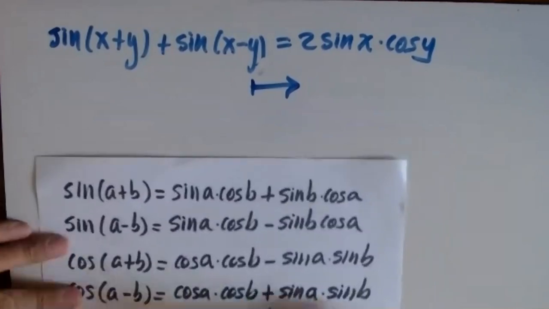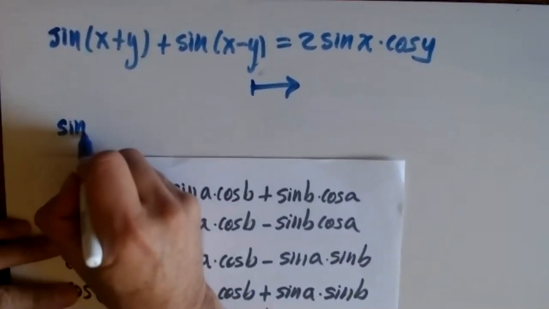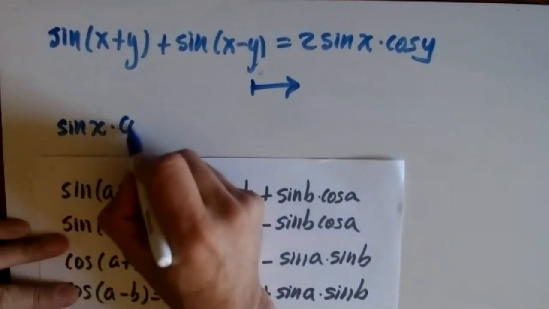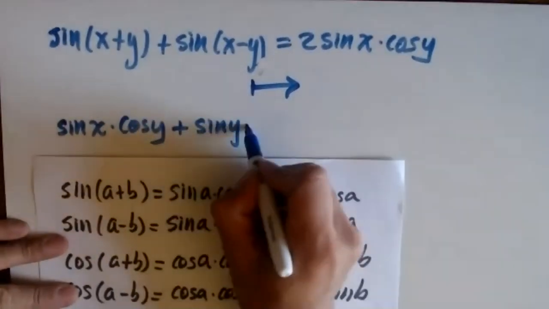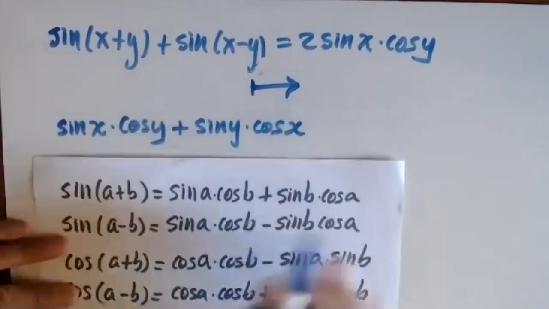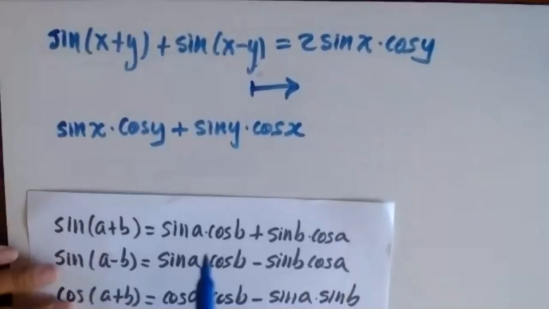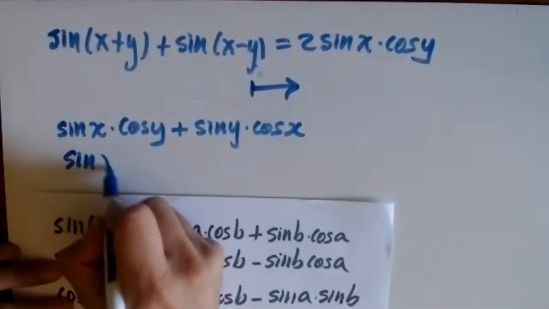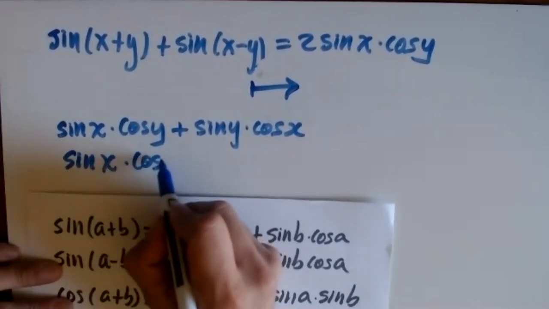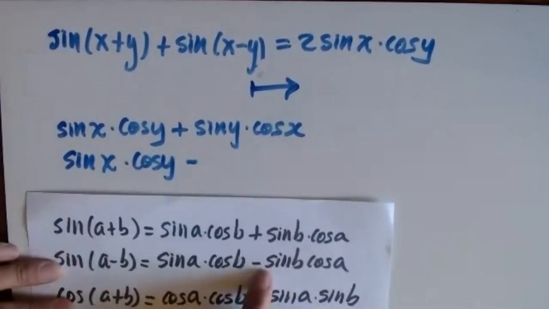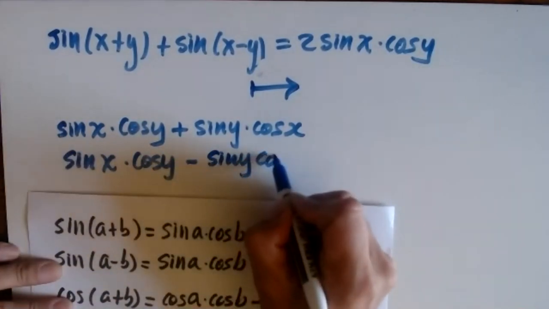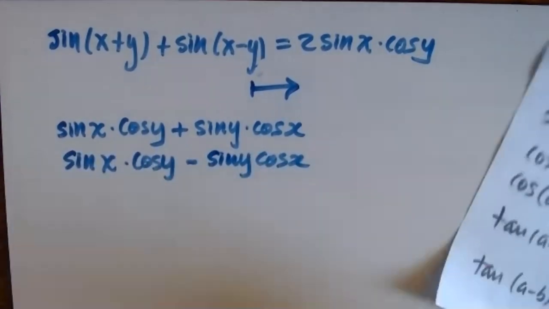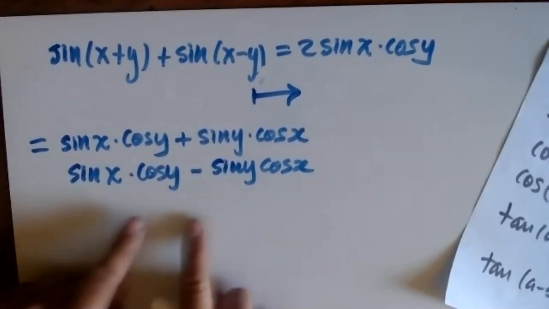The first one is going to be sine x times cosine y plus sine y cosine x. And then I'm going to do this one: sine x cosine y minus, because there's a minus here, sine y cosine x. Now you have to simplify these things.